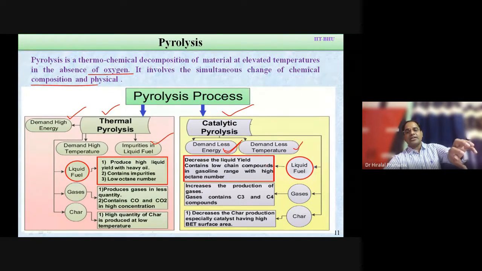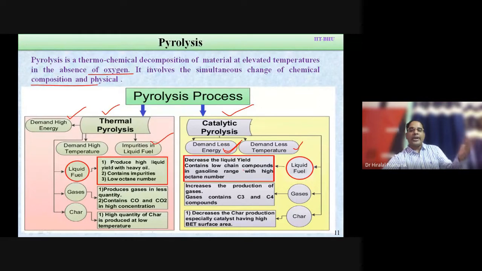select your catalyst, you can fix your process parameters, and the product which you will have is a liquid fuel of gasoline range. Or by modifying the catalyst and process conditions, you can have a better quality of fuel, like a diesel-like fuel. You can do more aromatization, so the aromatics content will be high.